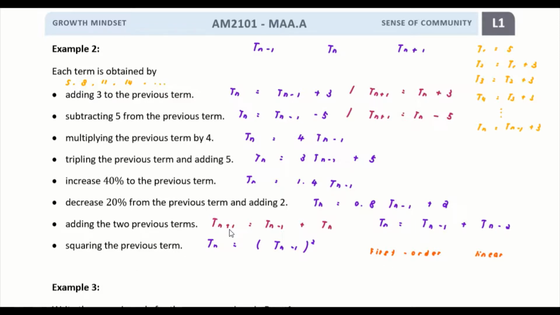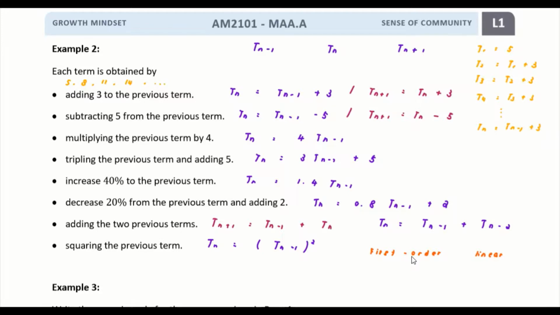For example, this last one wouldn't really come out in your exam because this is a quadratic function already, because you have degree 2, power 2 here. Then the second thing is first order, meaning that the recurrence relation we create is based on only one previous term.